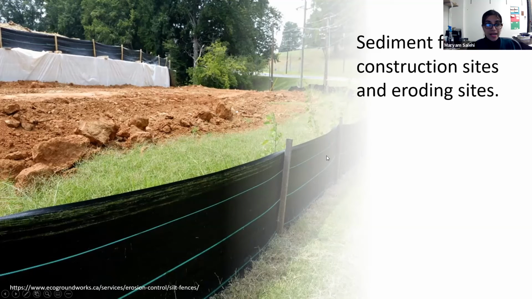The main practice to minimize releasing of sediments and minimize erosion from a construction site is using fences. And you may see, many construction sites have some fences around the area to prevent releasing of these sediments to the water.